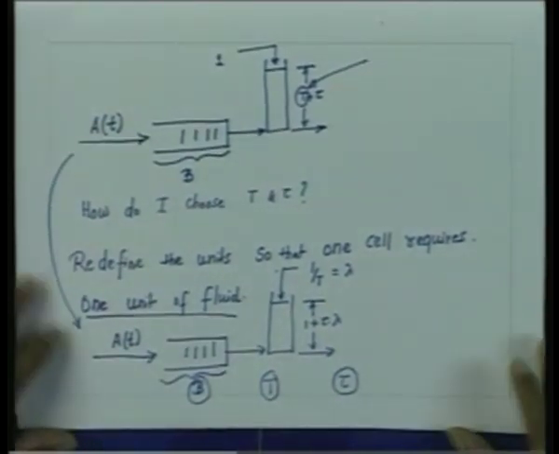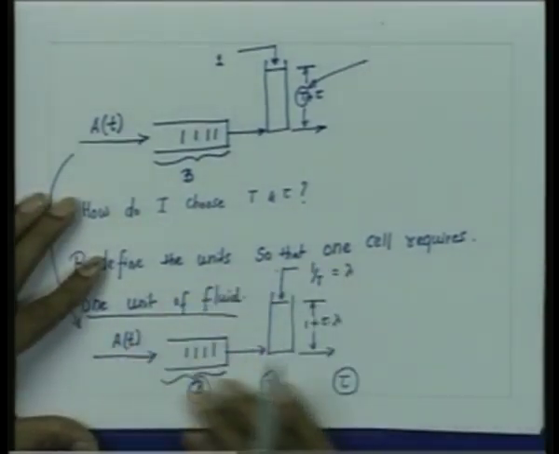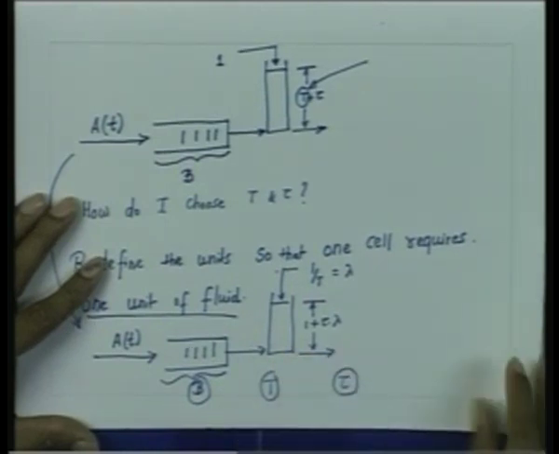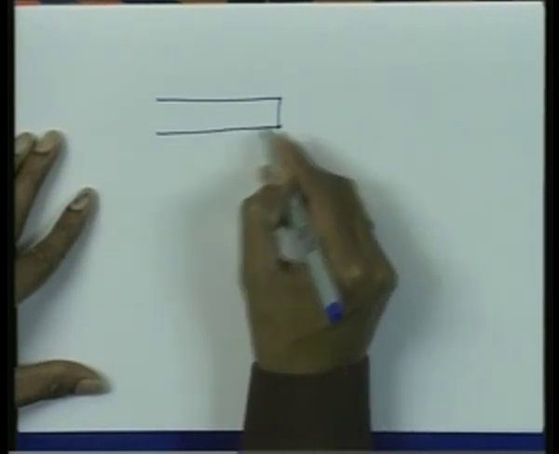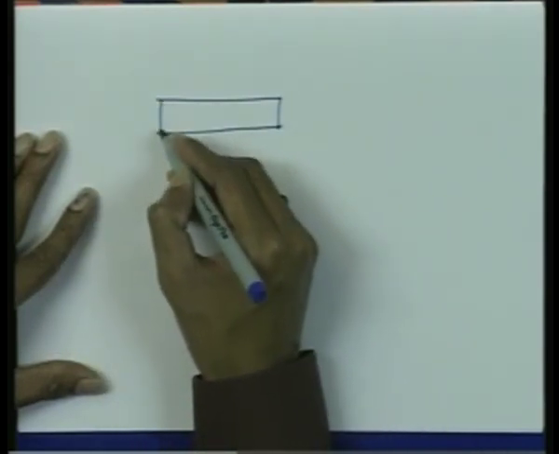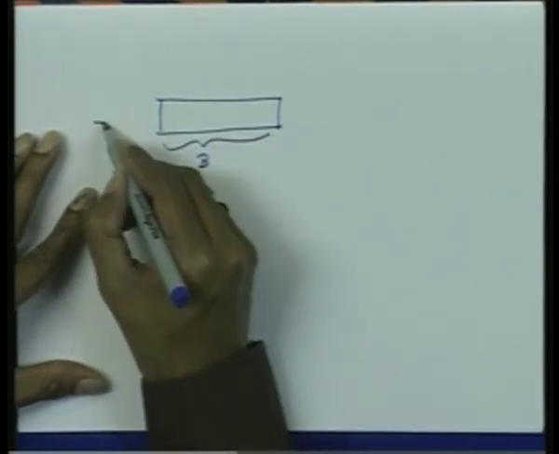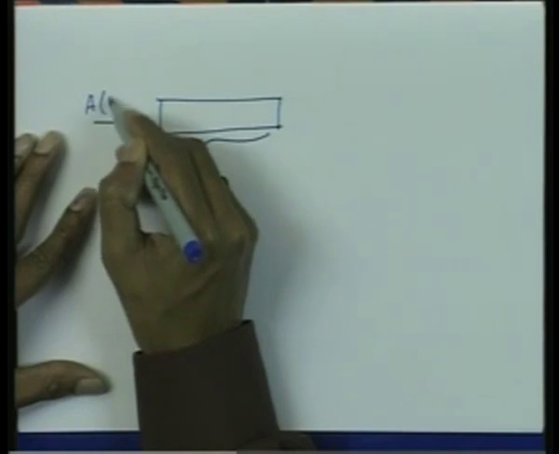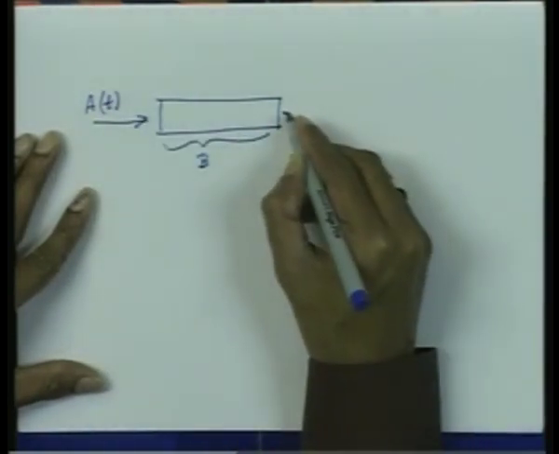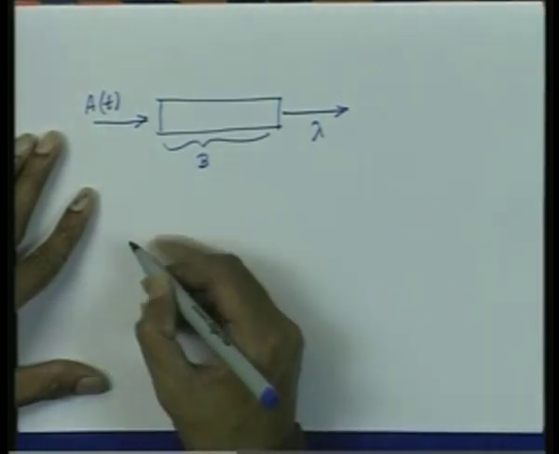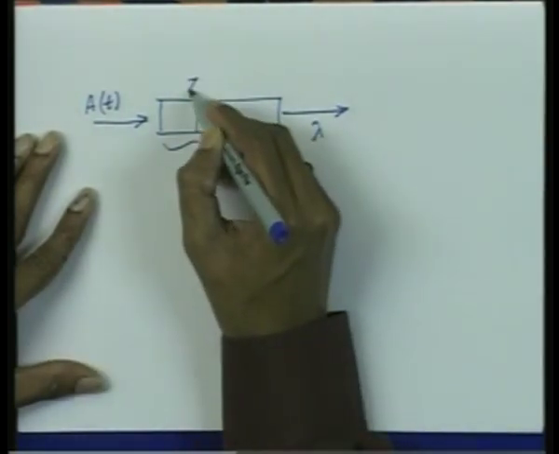Now to consider this problem, we can have an equivalent representation of this entire phenomenon, and this equivalent representation can be simply given by a single buffer. Okay, so we consider a single buffer whose length is capital B, and this buffer has an input of the same random source A(t), but this buffer is serving at a rate of lambda, and let Z(t) represent the buffer length at time t.